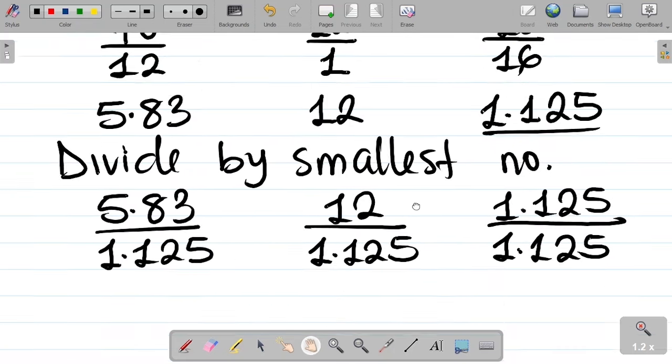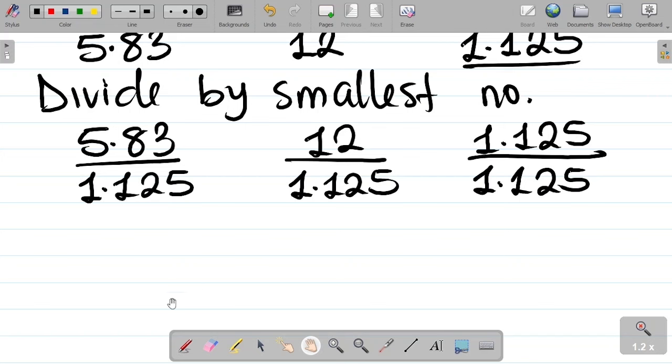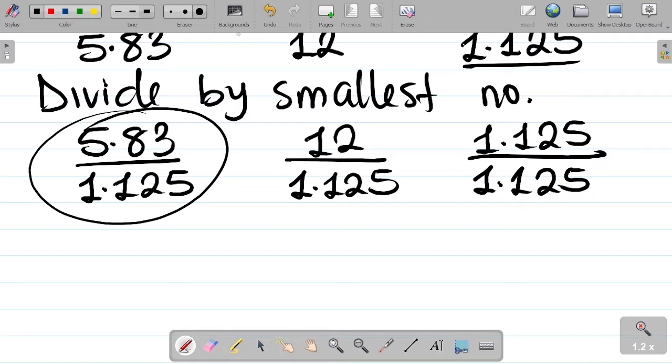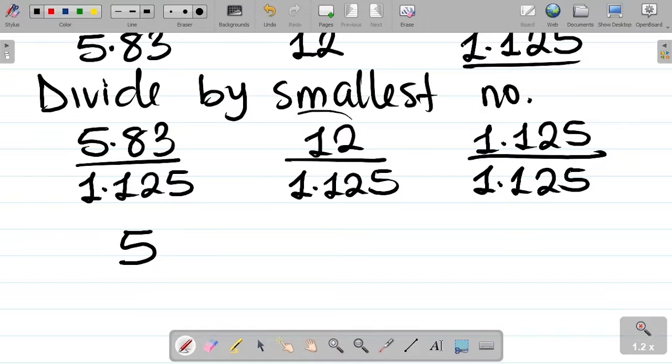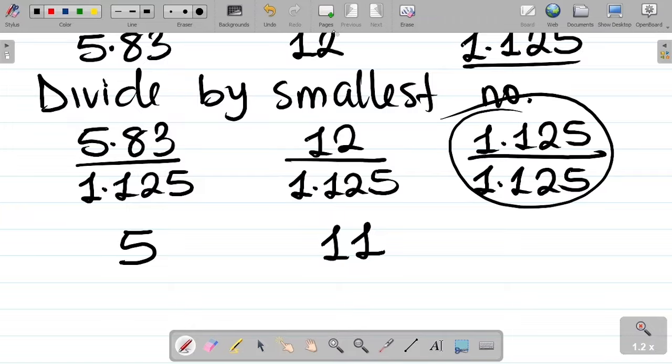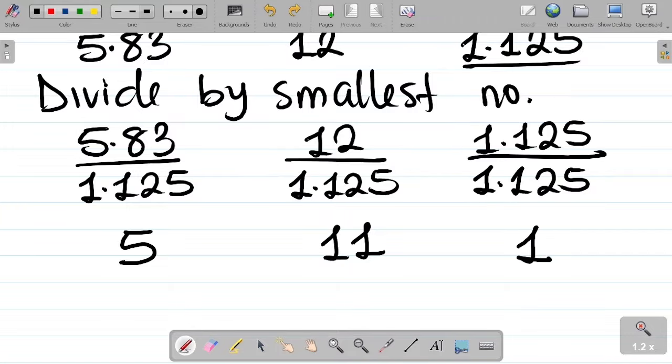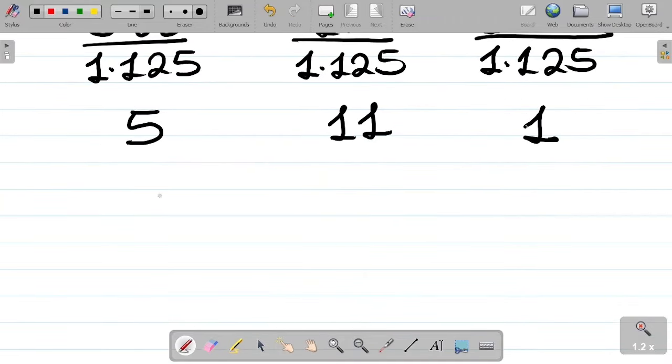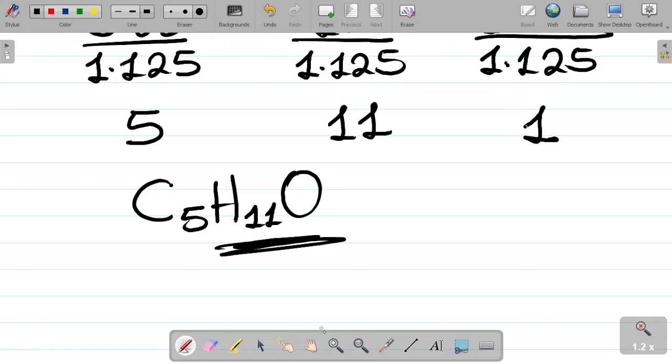Dividing, you have approximately 5, approximately 11, and 1. So in essence, my answer should be C5H11O1, or just O. So this should be my answer.